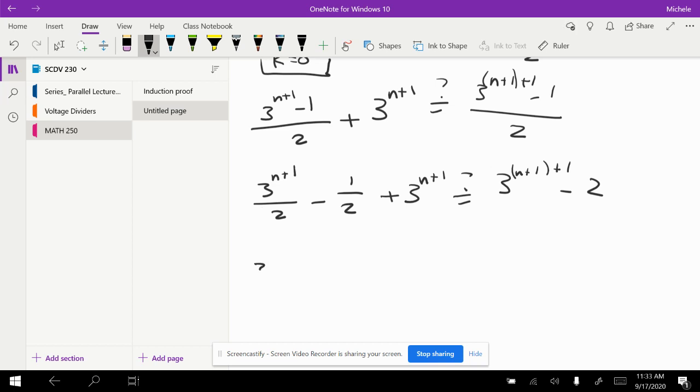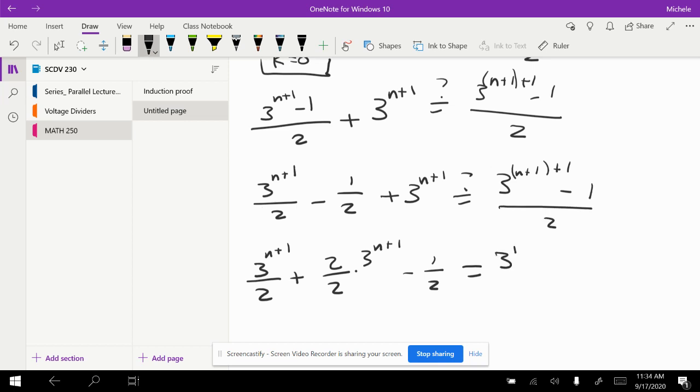So I'm going to have 3 to the n plus 1 over 2 plus, now 3 to the n plus 1 is just like 2 over 2 times 3 to the n plus 1, and then minus 1/2. Does it equal, I wrote this wrong, minus 1 over 2. So 3 to the n plus 1 plus 1 minus 1 over 2.